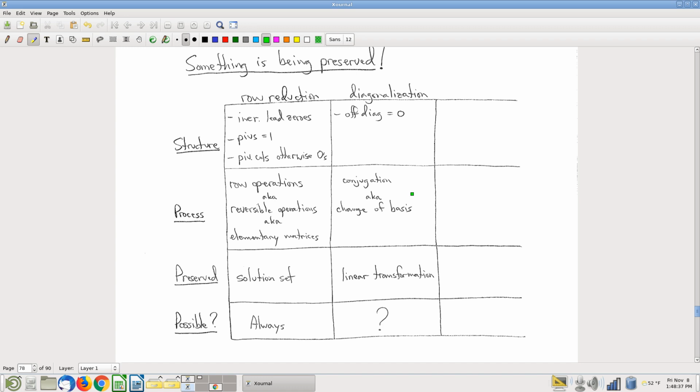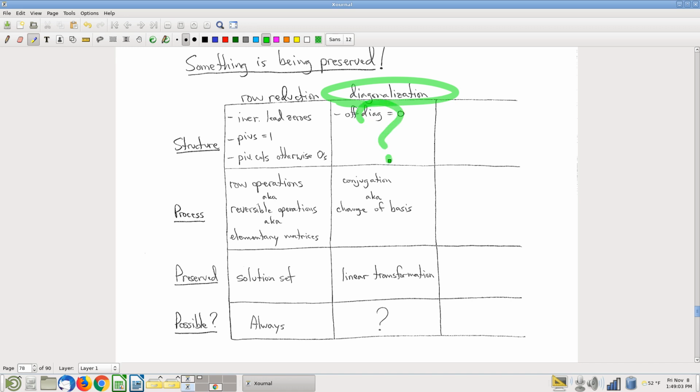And one thing I didn't get to is this last row here. Row reduction. Is it always possible to achieve reduced row echelon form by way of row operations? And the answer is yes, always. You can always put a matrix into reduced row echelon form. No problem. Okay. We have now an answer to this analogous question looking at diagonalization.